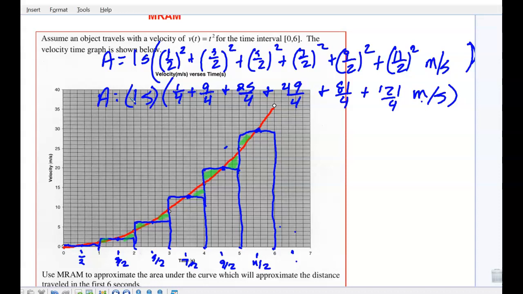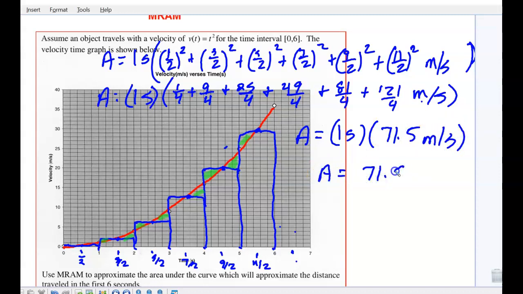And that works out to be, if I left it as a fraction, 143 over 2, which is approximately, if I change it to a decimal, 1 second times 71.5 meters per second. If I multiply those together, my distance would be approximately 71.5 meters. And that seems to be the most accurate distance for this particular problem.